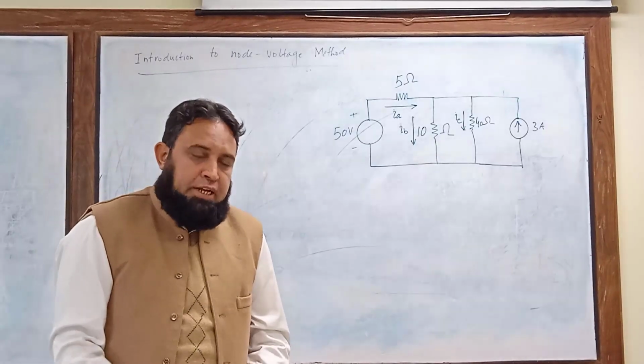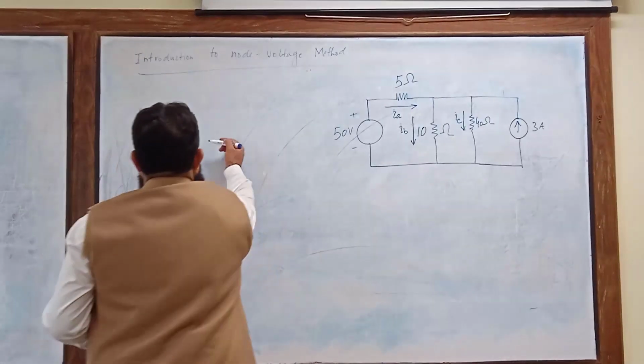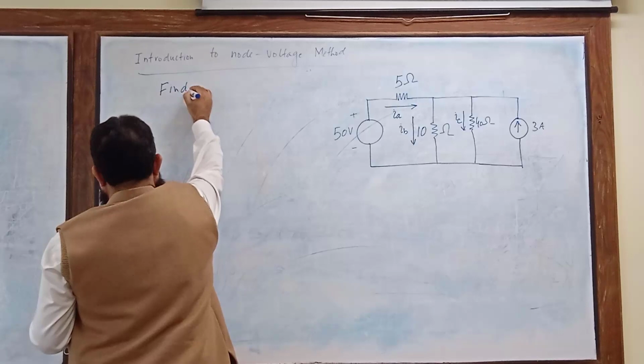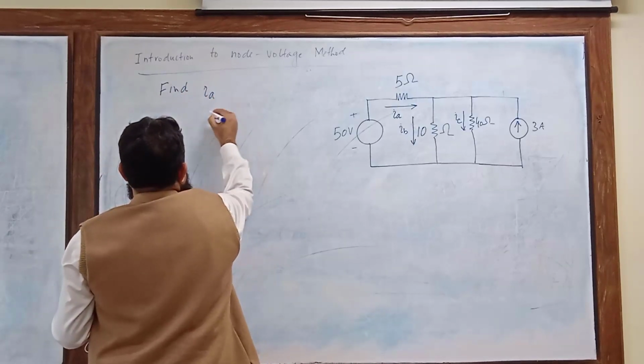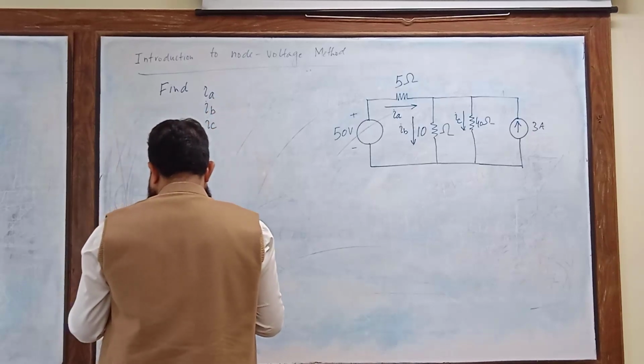So what is the objective? By solving this circuit, we have to find IA, IB, and IC.